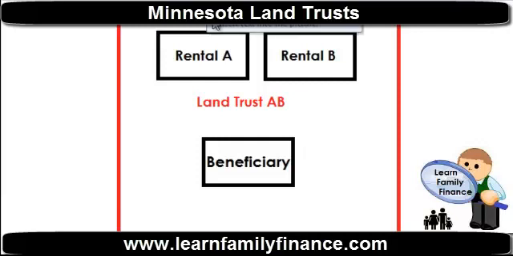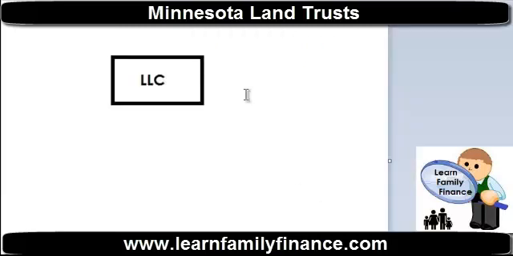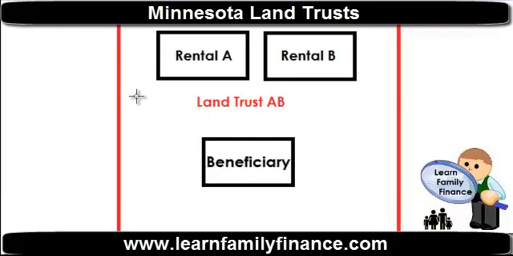This person will be exposed to any judgment on either rental A or rental B. So that's why you're going to have liability if you just have the land trust by naming a person as a beneficiary. However, if we change that strategy and name that beneficiary as an LLC, that's great news.